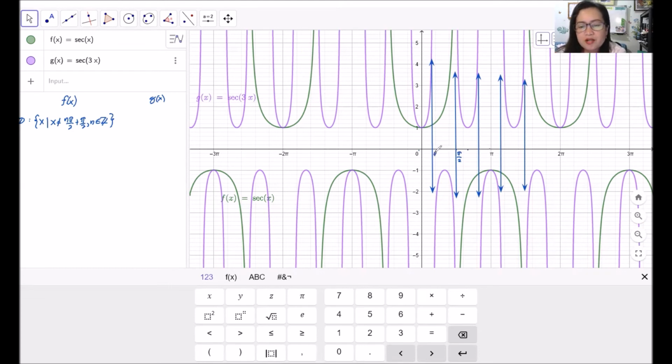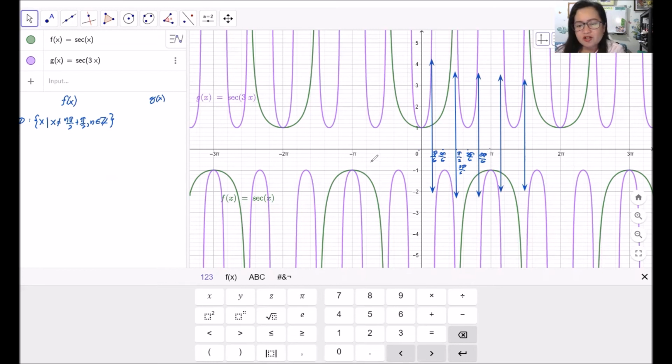Then at this point we have pi over 6. Then at this point we have 2 pi over 6. Then if you express pi over 2 with a denominator of 6, we have 3 pi over 6. Then we have here 4 pi over 6, and here 5 pi over 6. Then we have 6 pi over 6.